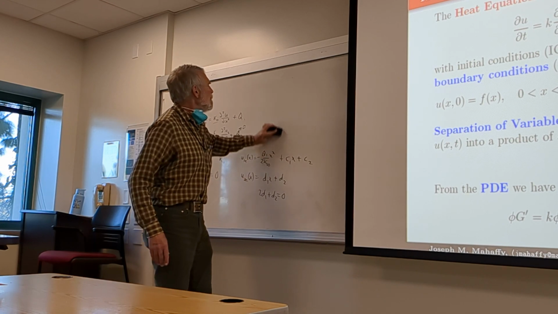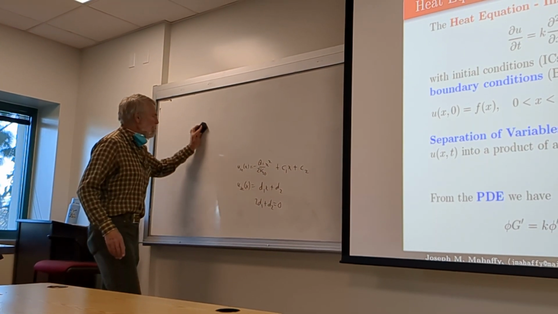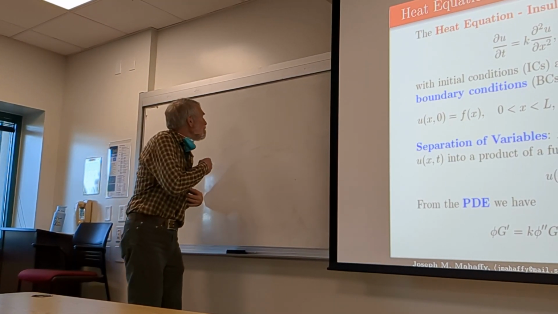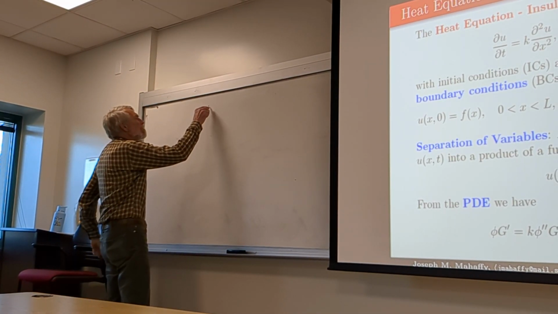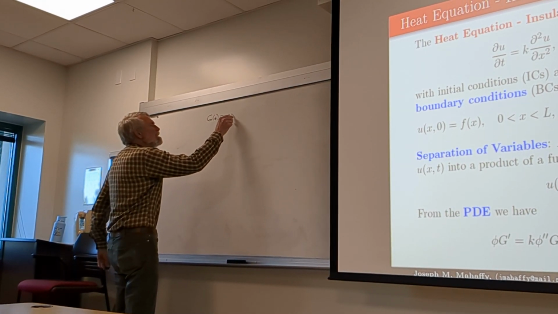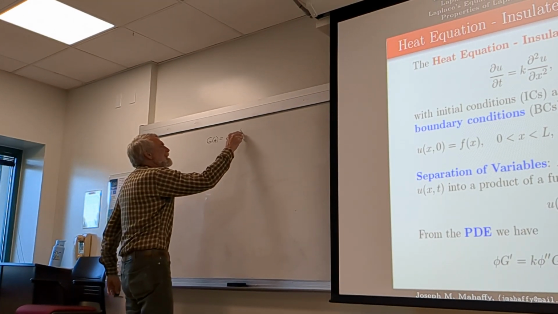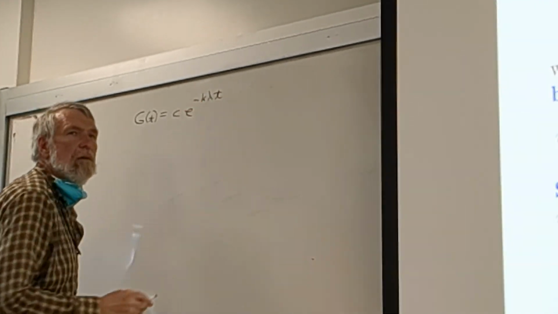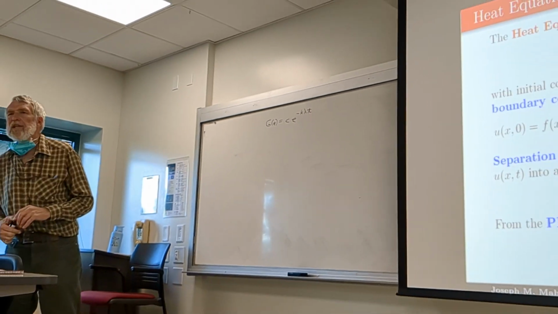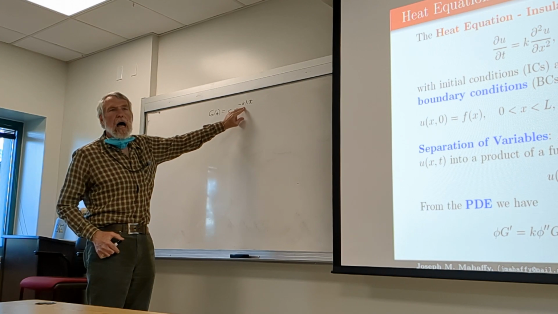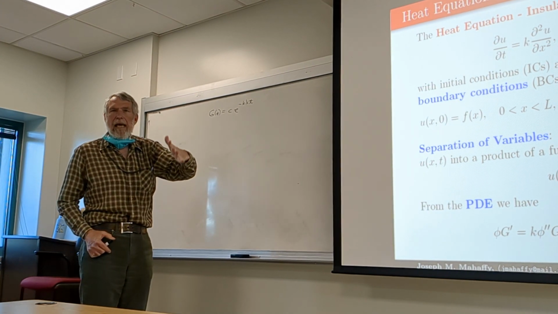So that particular solution, we already came up with that g of t is going to be equal to some constant e to the minus k lambda t, right? And for this to make physical sense, then we better have these be positive constants so that it's a decaying solution.